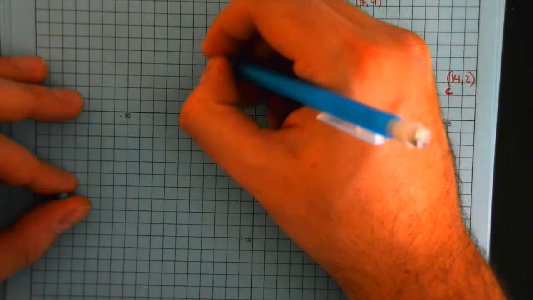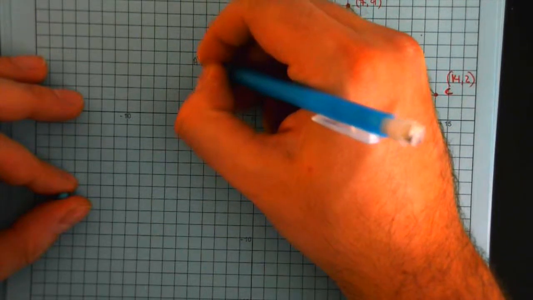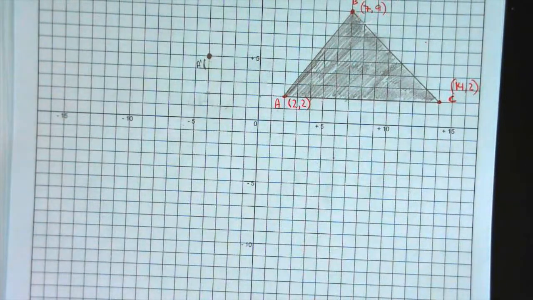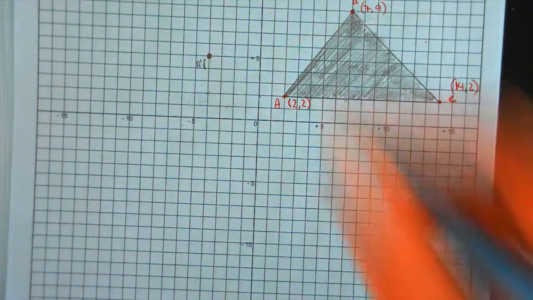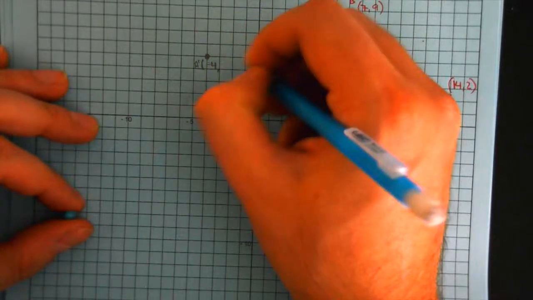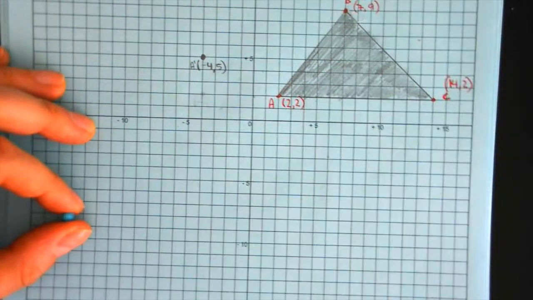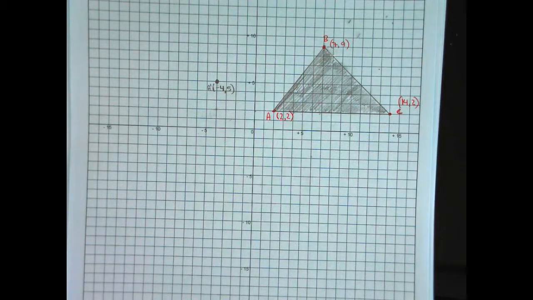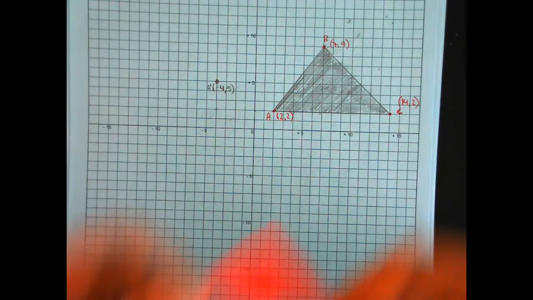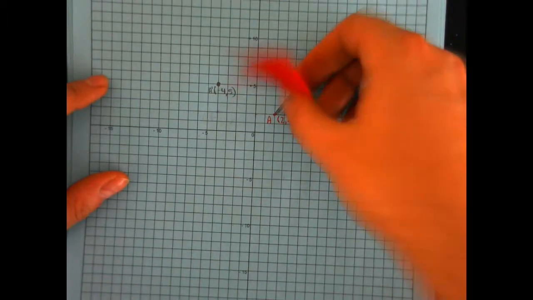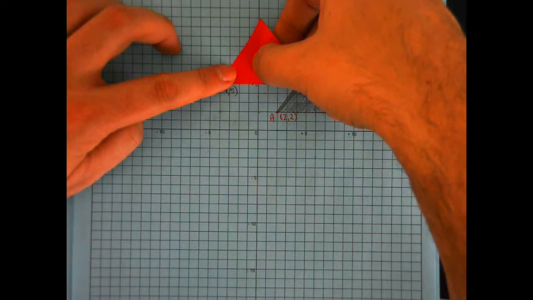What are the coordinates for A prime? -4, 5. I know the line is covering it. So now, if we take the original shape, because we moved point A, it's the exact replica, and we move it over here, so we have A prime.